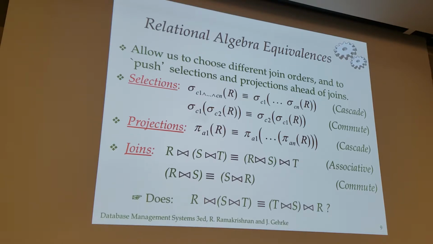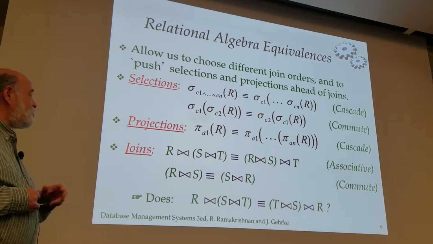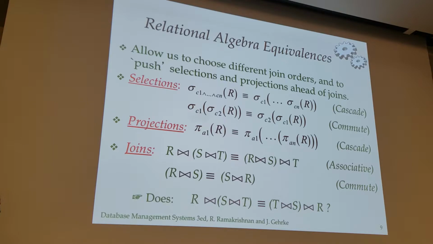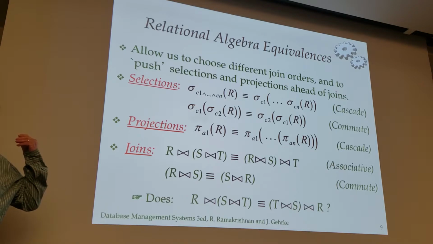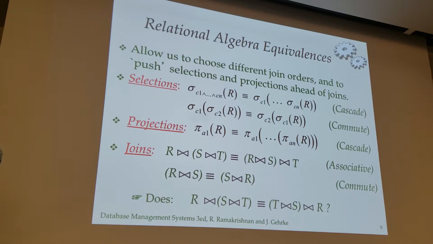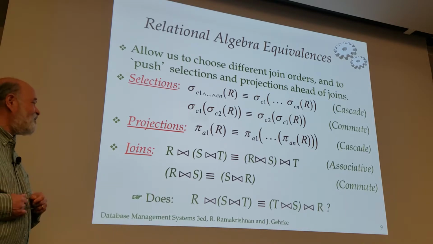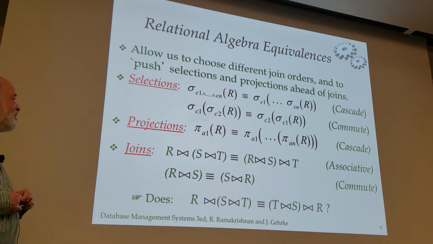On projection, you can project on any set of attributes that you want, as long as you project on A1 at the end, as long as the attributes you need in the cascade are always available at each step. I can't say, let's get rid of age, and then say, now I want age at the end after I've gotten rid of age. Sorry, it's nice to be ageless, but if you don't have the age, you can't deal with it.